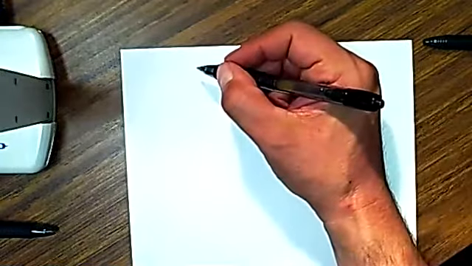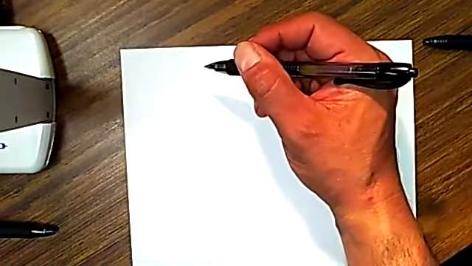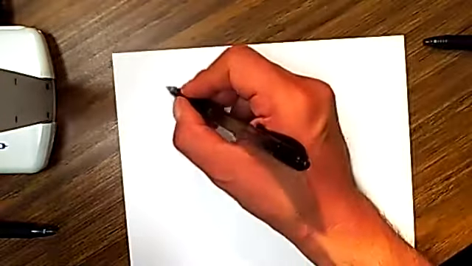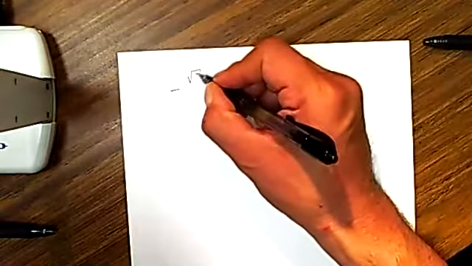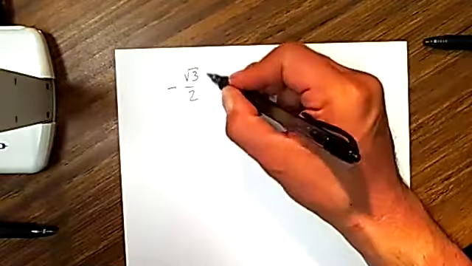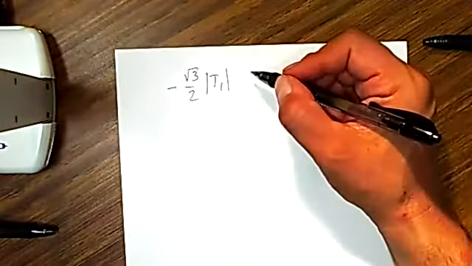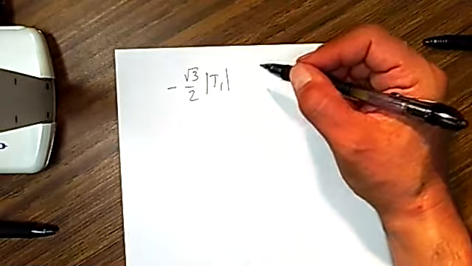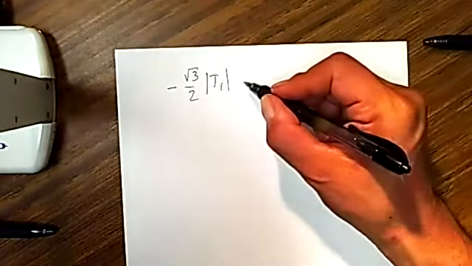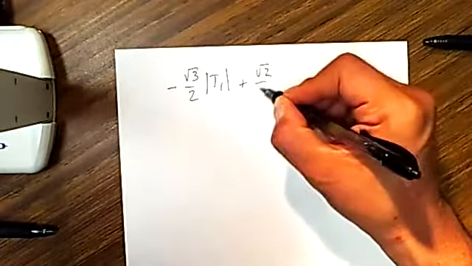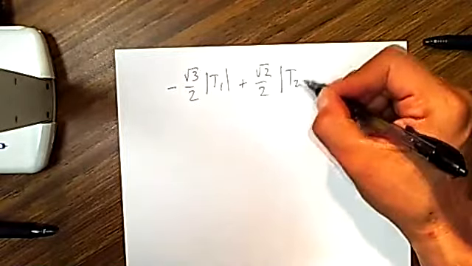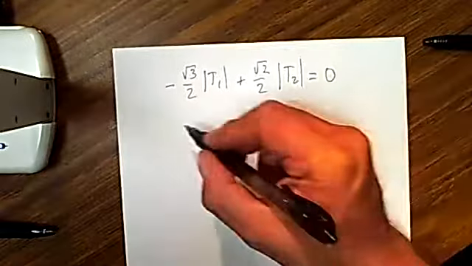So A plus C will translate into negative square root of 3/2 magnitude of T1, plus square root of 2 over 2 magnitude of T2, equal to 0.